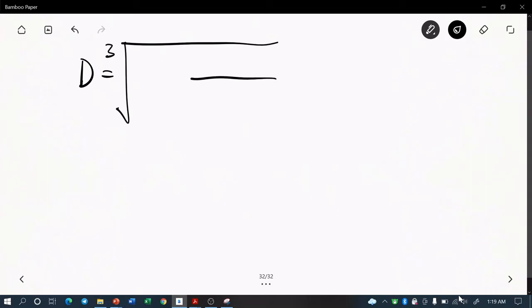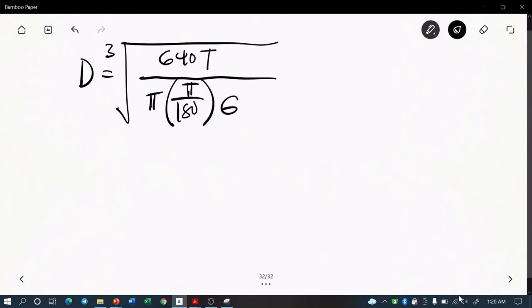So we have this expression for the diameter: d is equal to the cube root of 640T over pi times pi over 180 times G.